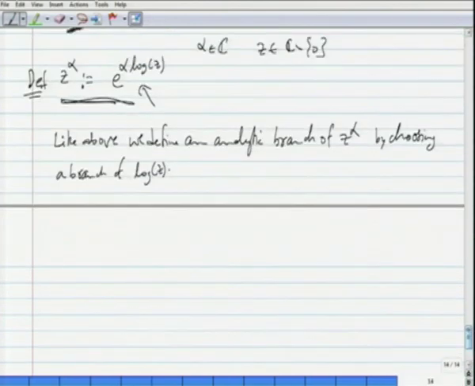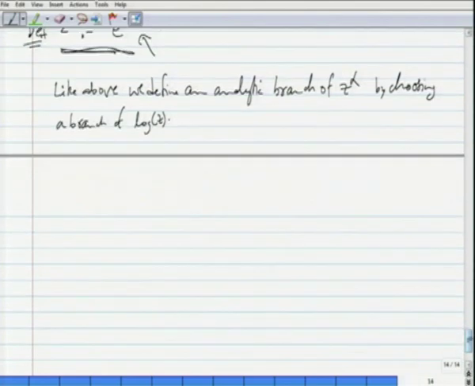Okay. So, that concludes our discussion about analytic branches of logarithms and z power alpha, etc. So, next we will look at the hyperbolic functions.